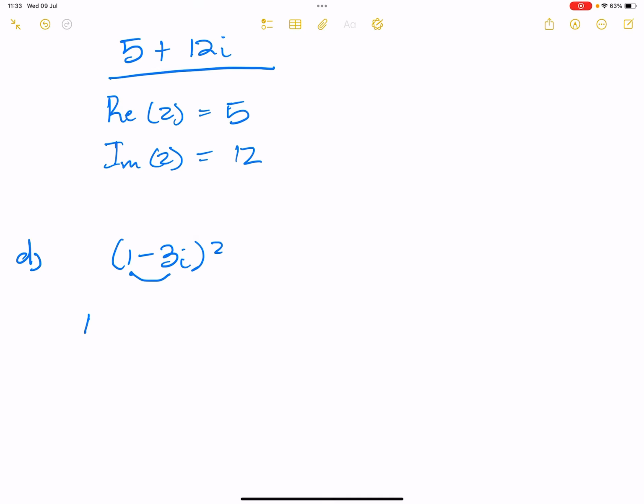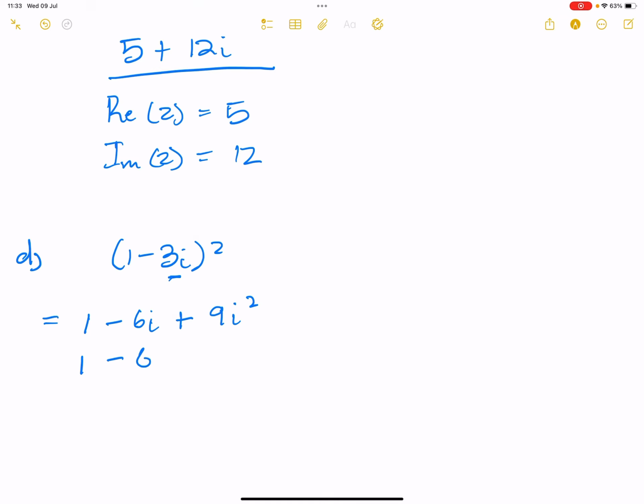And finally, we are just simply going to say that's negative 6i, okay? Remember we said 1 times negative 3i times 2. And finally, that's plus 9i squared. Please don't forget that 3i times 3i, 3 times 3 is 9 and not 6. That's a very common mistake that we would sometimes make.